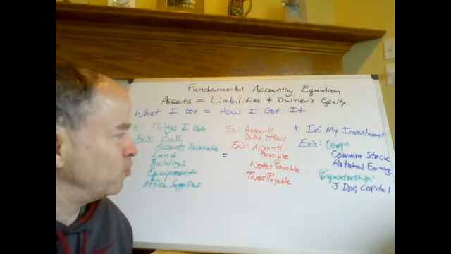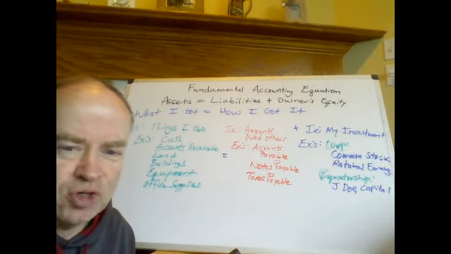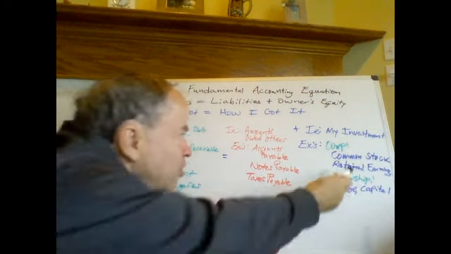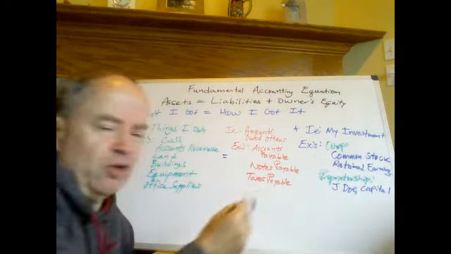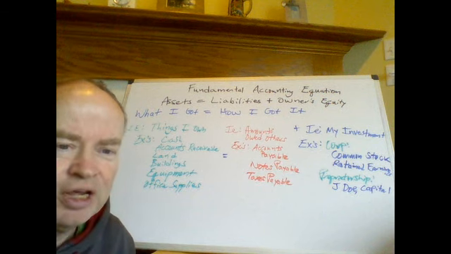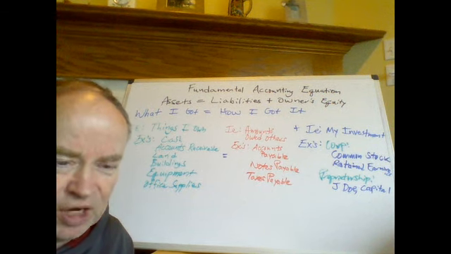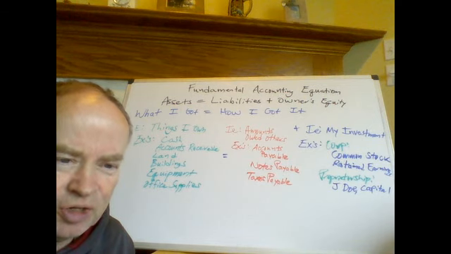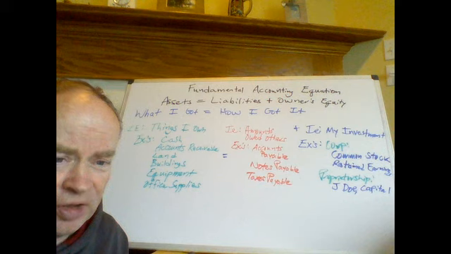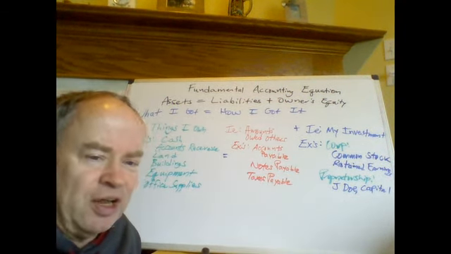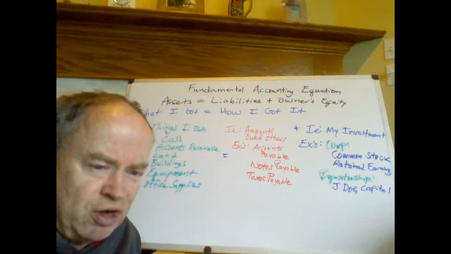Now, my investment for corporations and proprietorships is going to be a little bit different in terms of the names of the accounts. For a corporation, we're going to look at common stock. That's basically a piece of paper that says you invested some money into the business, and this is how much you own. And of course, you can sell that to other people. Retained earnings are the earnings that have been left in the business over time.